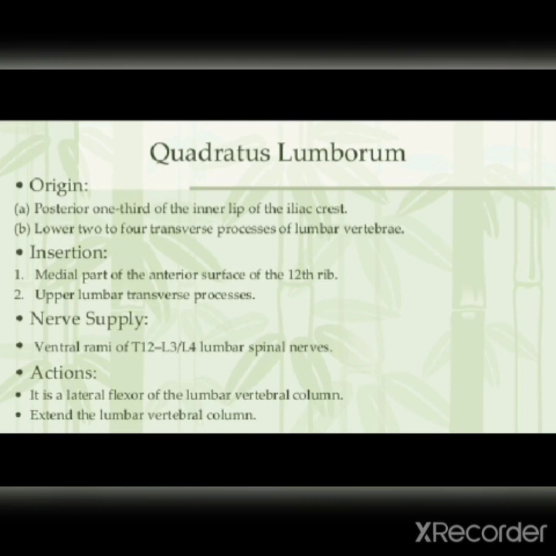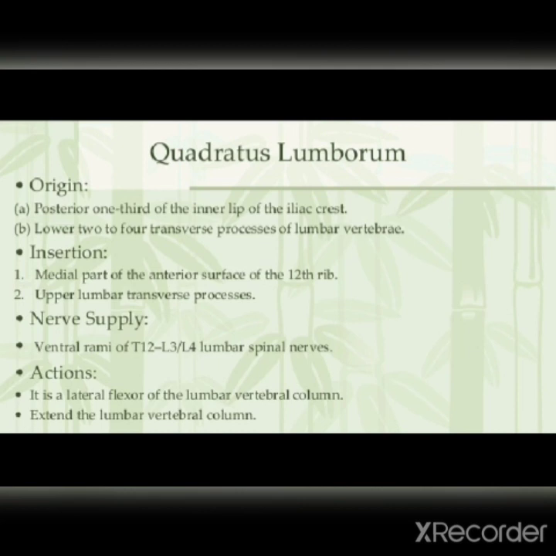Nerve supply is by the ventral rami of T12 to L3, L4 lumbar spinal nerves.